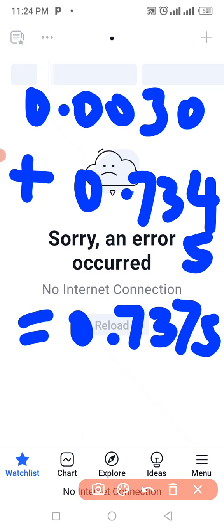I don't want to keep the video too long. This is how you calculate your pips and add it to the current price to know how many pips you want to gain or lose per trade.